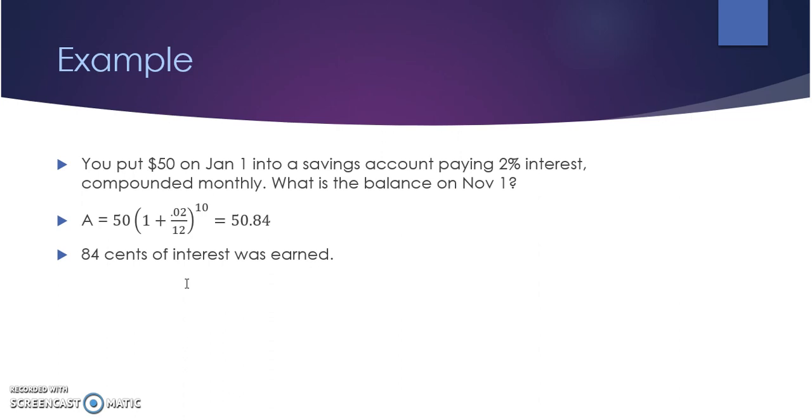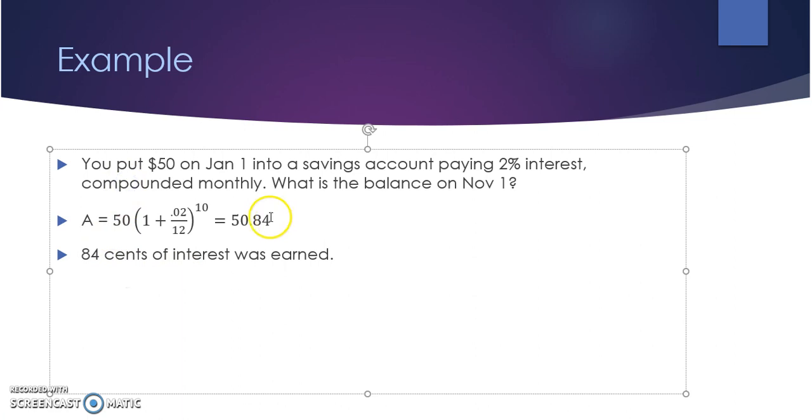And if that $50 was a larger amount of money, then it would definitely earn more than a penny. And if it was longer than 10 months, you would definitely see a difference. If you are given the choice between earning simple interest and earning compound interest, and the charges on the account are the same, and the interest rates are the same, pick the compound.